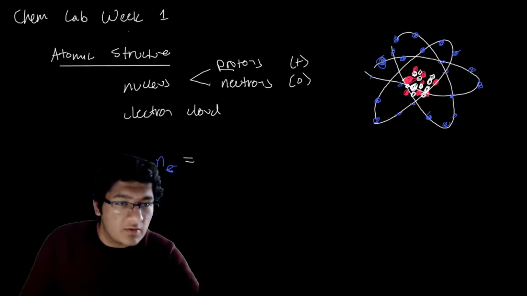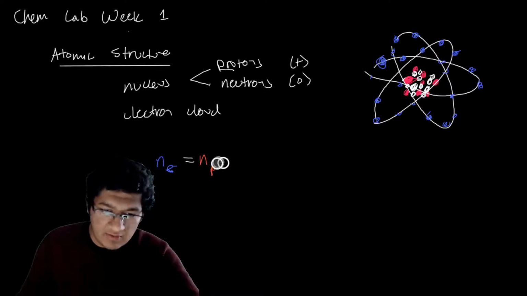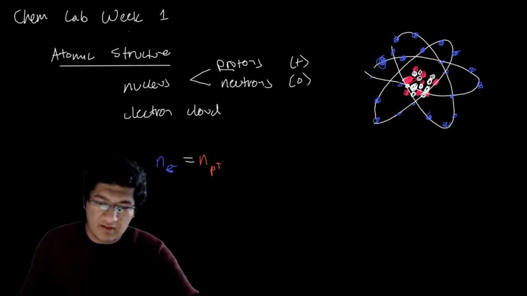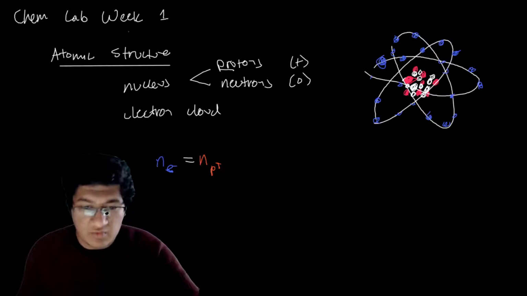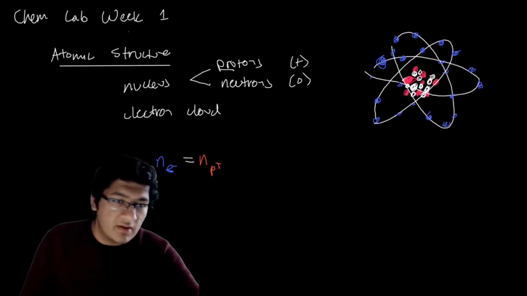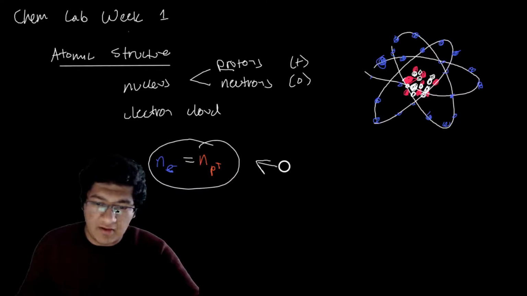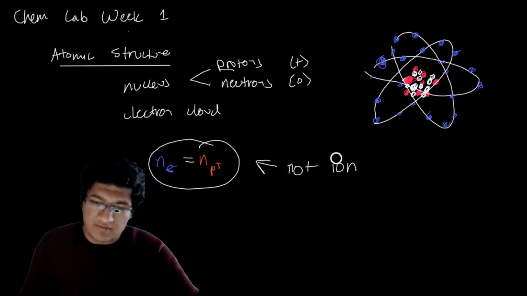I just want to color code this. E- stands for electrons, and P+ stands for protons. This is always the case, except for when it is an ion, or it's in its molecular form.